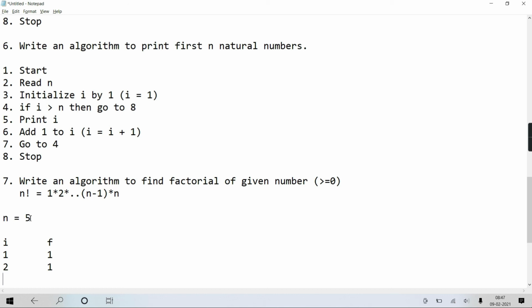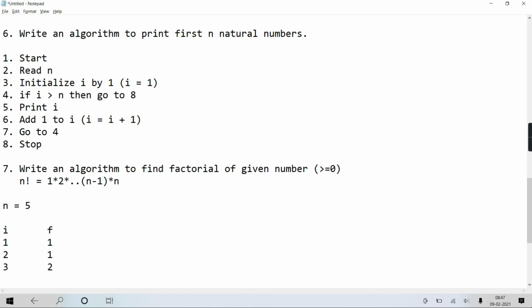Is 2 greater than 5? No. So again multiply these two and store in f. So 2 into 1 is 2, store in f and increment I by 1, it becomes 3. Again, is 3 greater than 5? No. So again multiply 3 into 2, 6, and make I as 4.